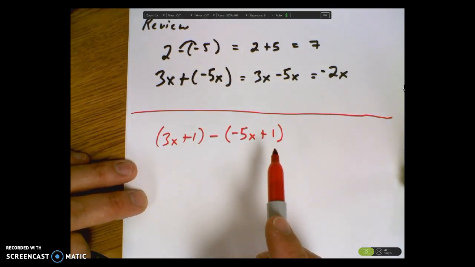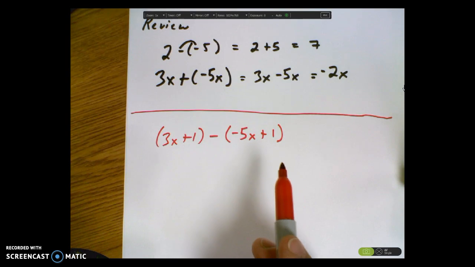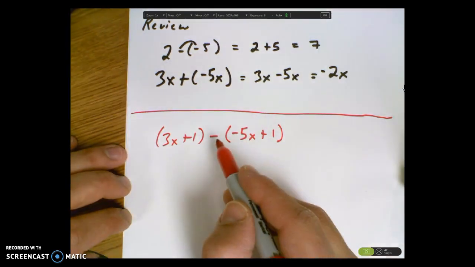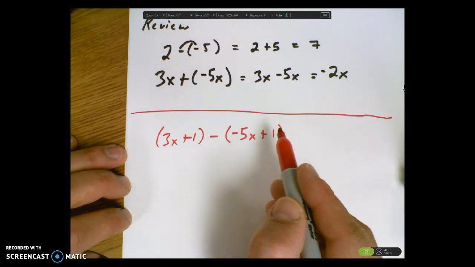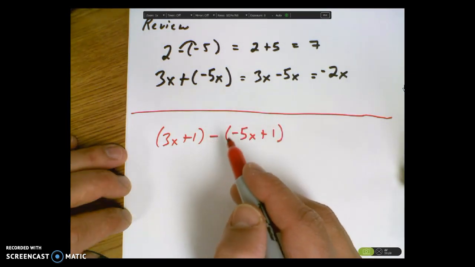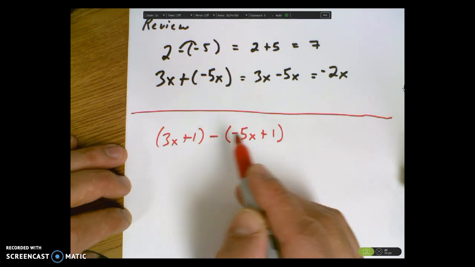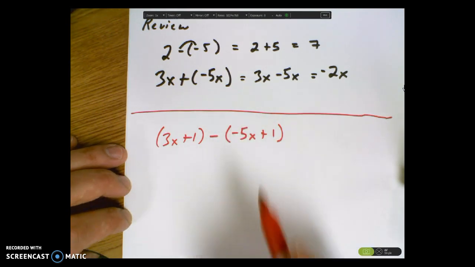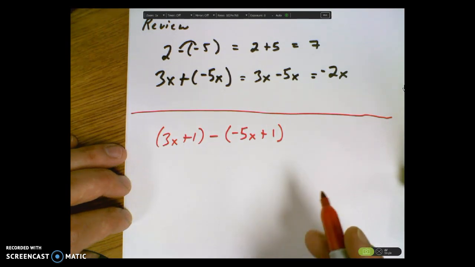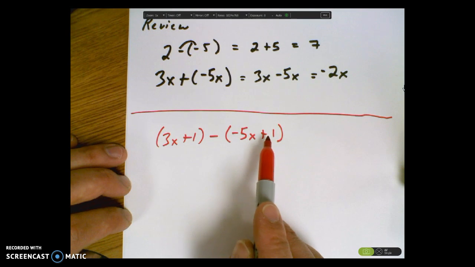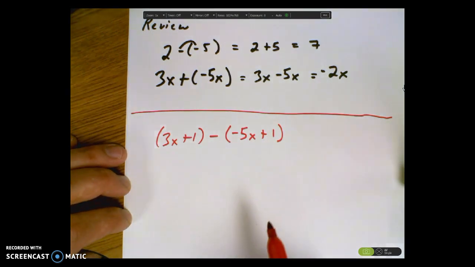The way that I've been comfortable teaching it, and actually the way I do these, is I think of this as a distributive property problem. So I'm going to distribute this negative, and we're really not used to that. We're going to be distributing a -1, or the additive inverse, to our second polynomial. What that essentially does is it changes all of these signs. And then I don't need the parentheses after I've distributed.